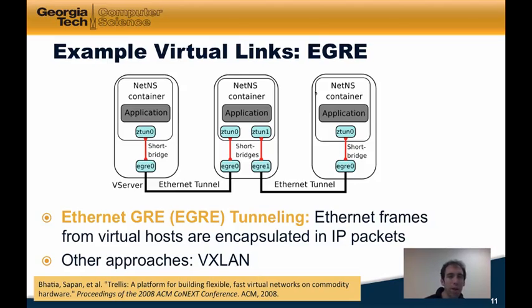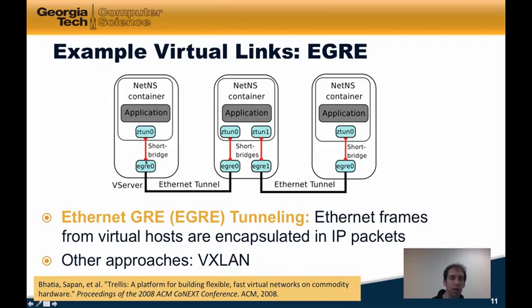Now, each one of these containers or virtual nodes also has virtual interfaces, here denoted as ZTUN, which have to be connected to the physical interfaces on each of these physical network nodes. And that requires some kind of virtual switching technology.